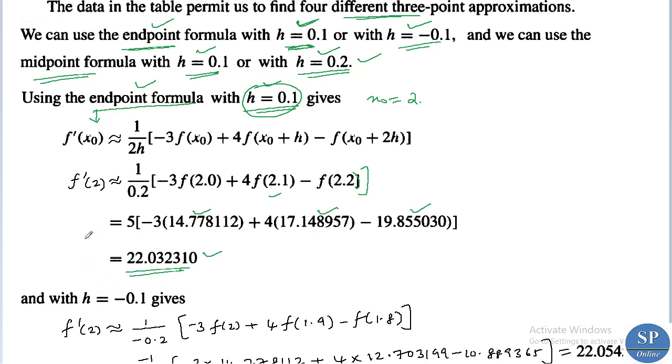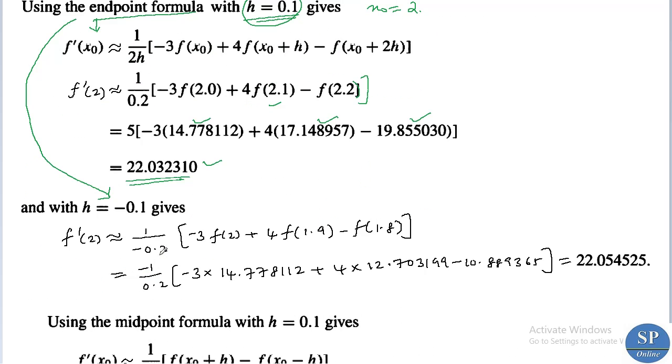Now using the endpoint formula with h equal to minus 0.1, we can use the same formula, but taking h as minus 0.1.